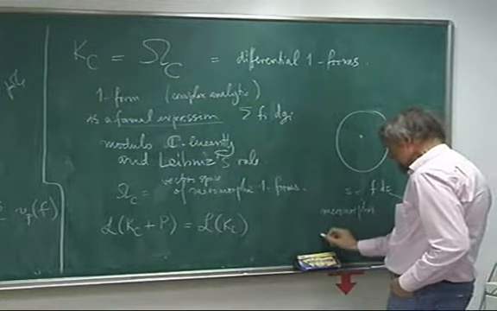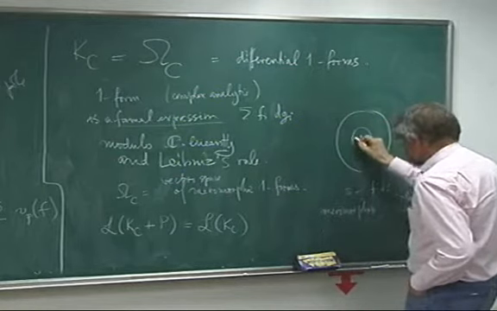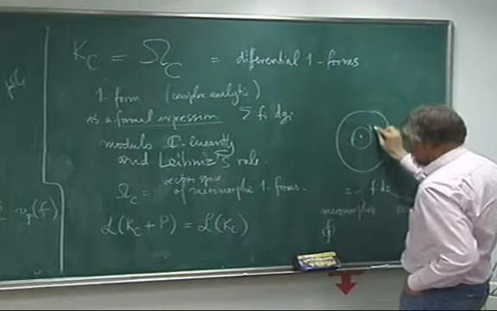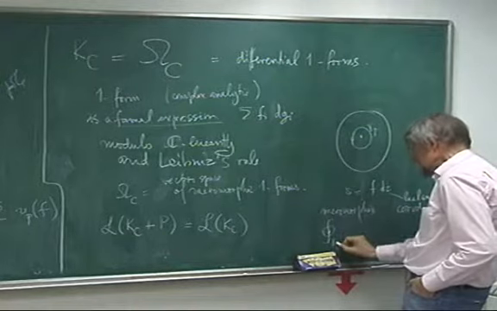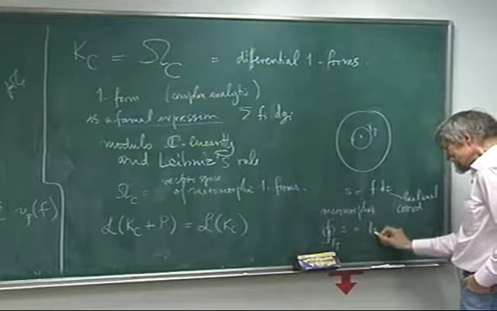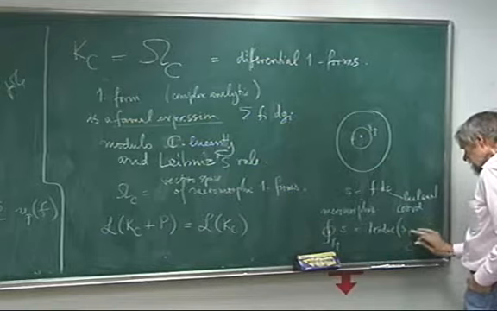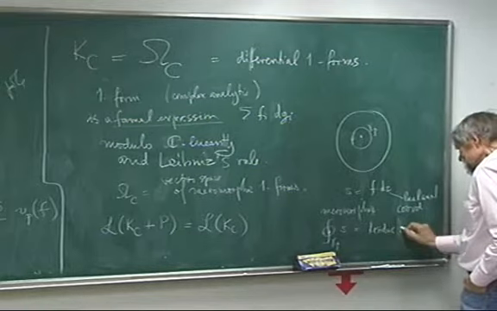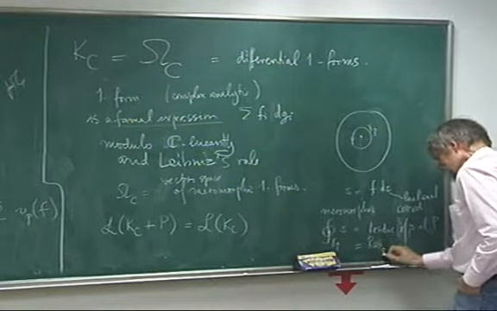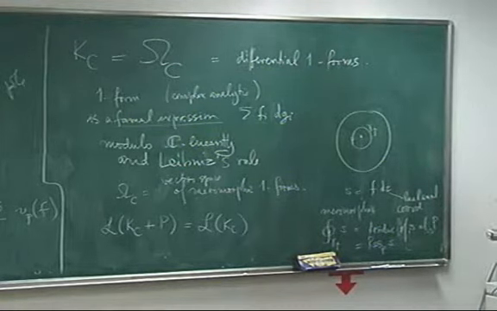So when I take the integral around the point P, this is again gamma P of this S. This is the residue of S at P, which I can write as res P of S. Right, so this is just Cauchy integral formula.